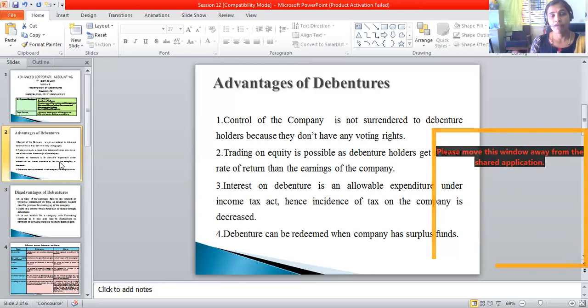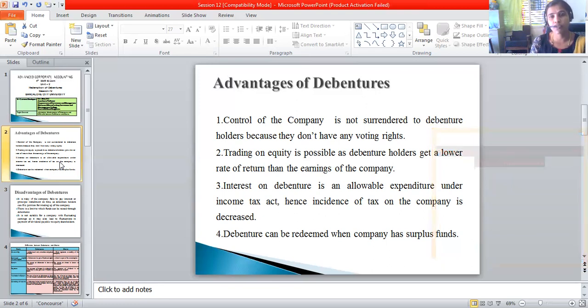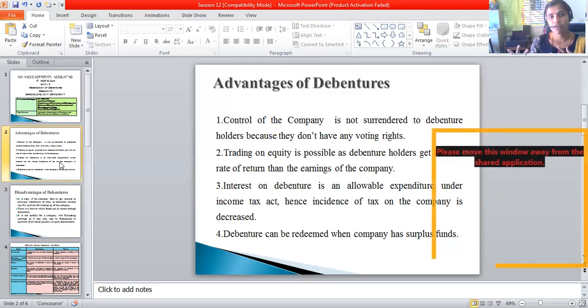If they get the debentures also, then the profits that are available to the equity shareholders will rise. So that is called trading on equity. It will be even more profitable for the organization to combine the equity form of capital with the debt form of capital, particularly the debentures.